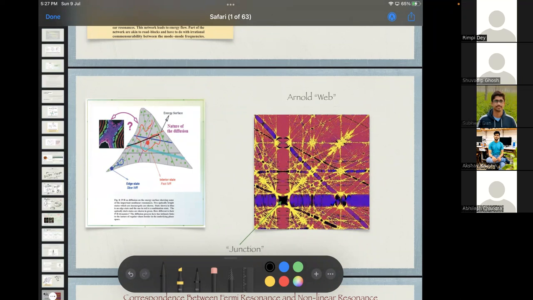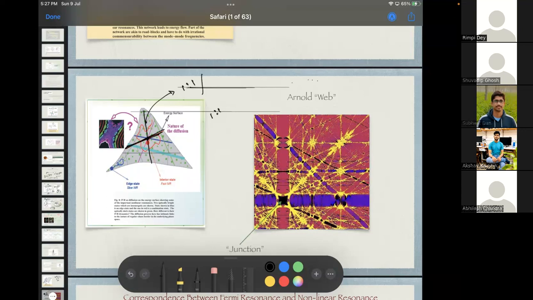Okay. Now let's say these two curves are intersecting at this point. Let's say this curve corresponds to the 1:1 resonance between the first oscillator and the second oscillator. Just imagine that. And this curve corresponds to, let's say, the 1:1 resonance between the second oscillator and the third oscillator.